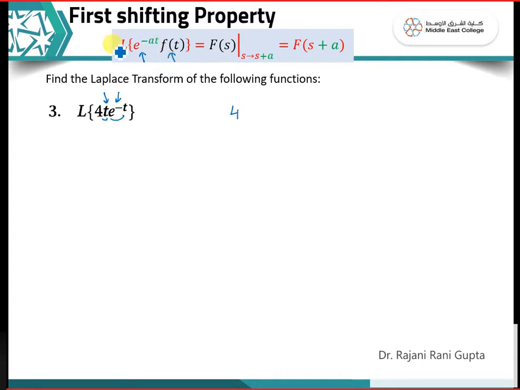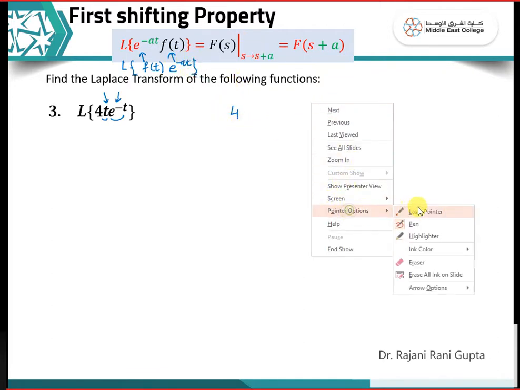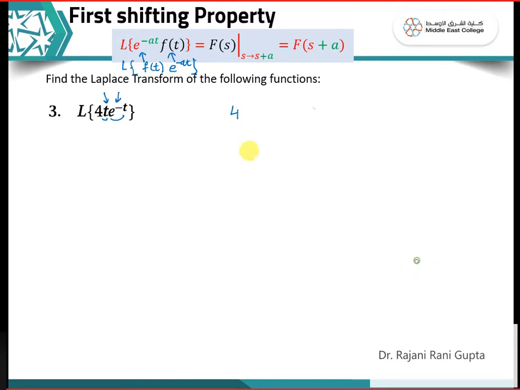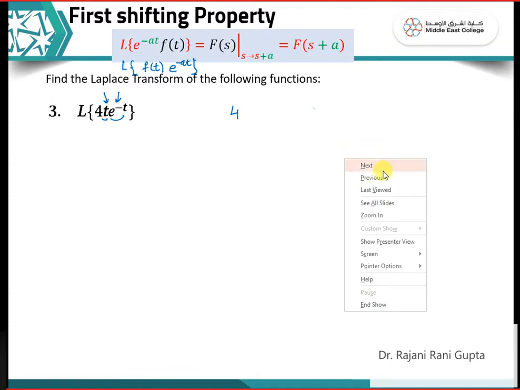It doesn't matter what the order is, means you can apply the same rule even if you have the Laplace transform of f of t e power minus at. This rule still works because multiplication is commutative, so it doesn't matter if you write a into b or b into a.